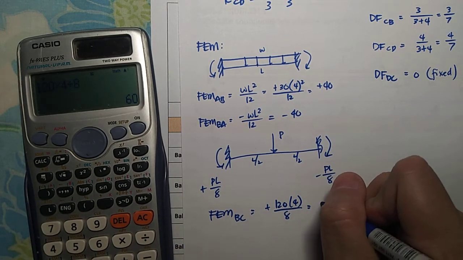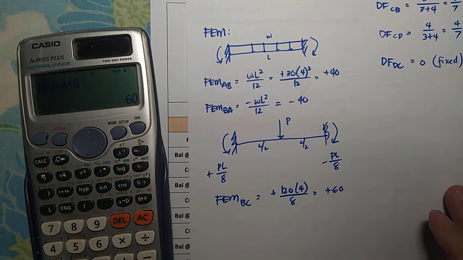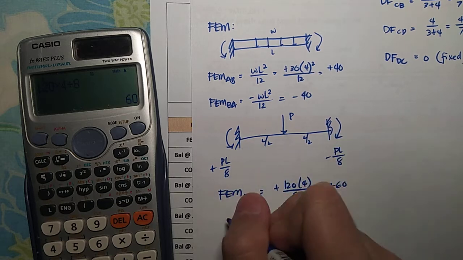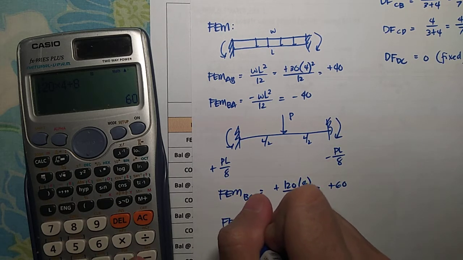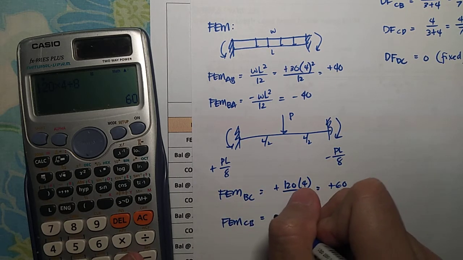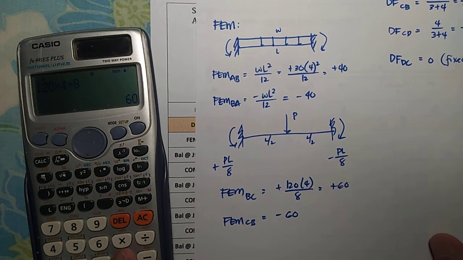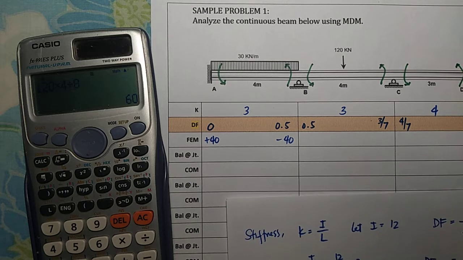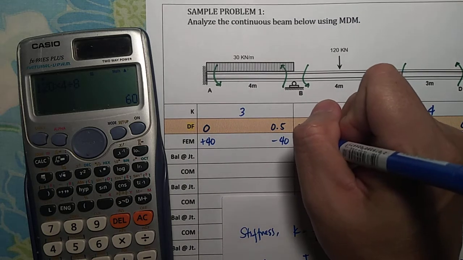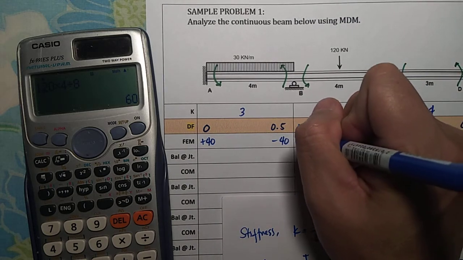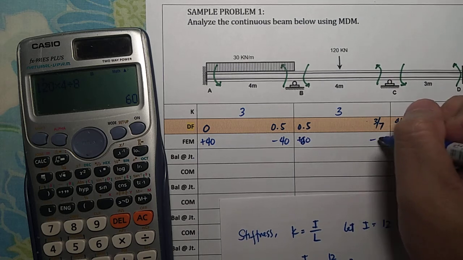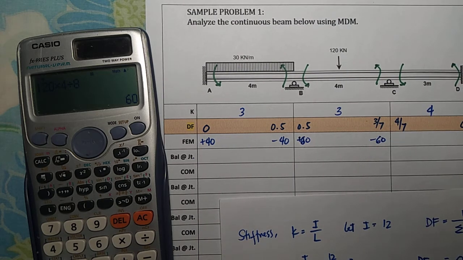So that's positive 60. While what about on the right side? So that is the FEM on CB. That would be negative 60. Okay, so positive 60 here, and this is negative 60.